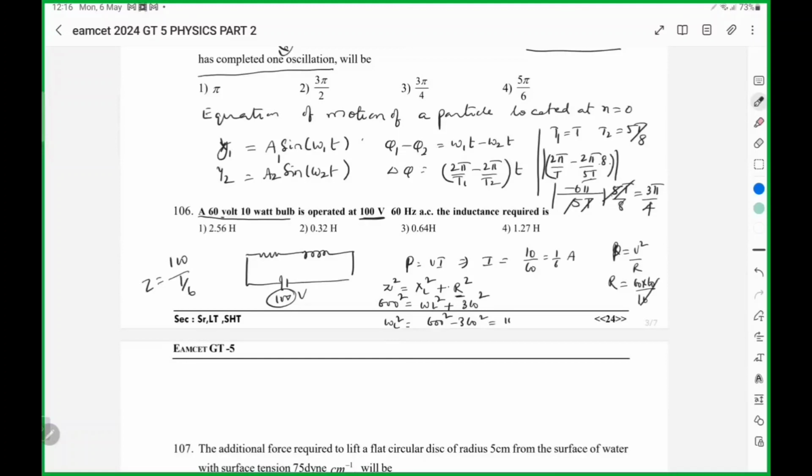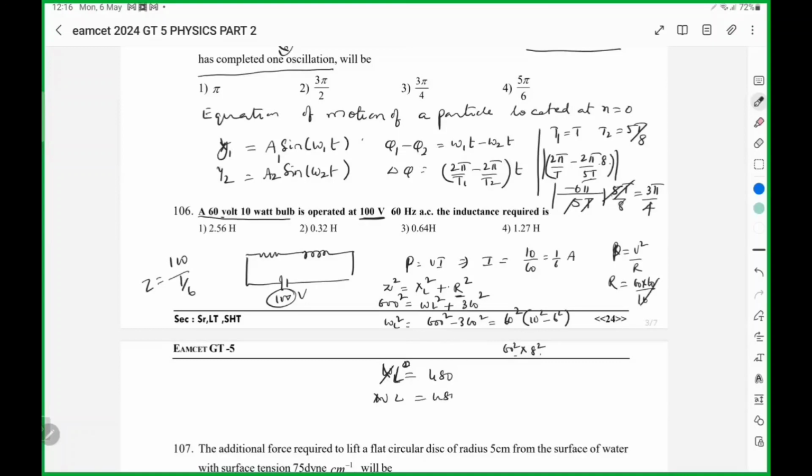So 10 square, 60 square if you take common, 10 square minus 6 square, so 60 square into 8 square. Omega L is 480, so XL is 480.